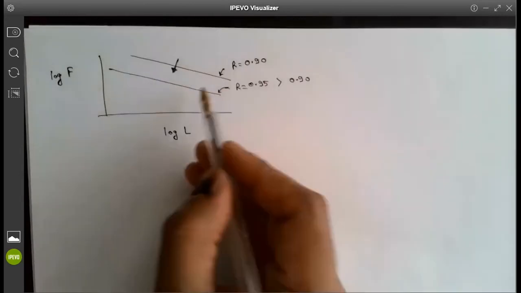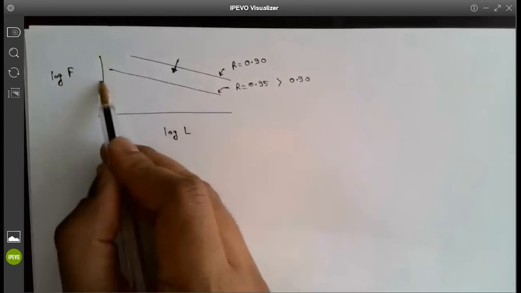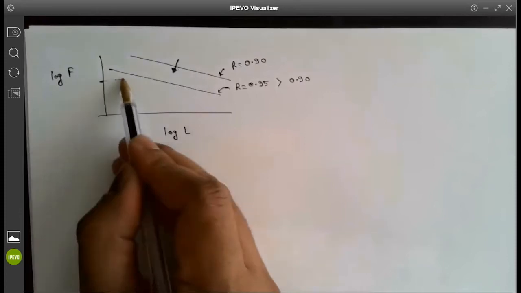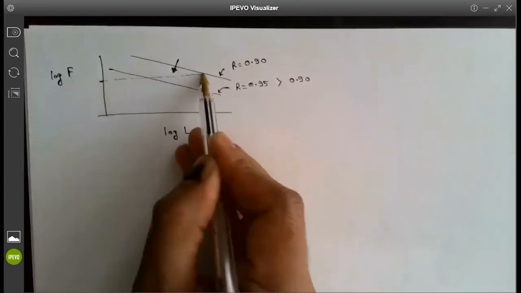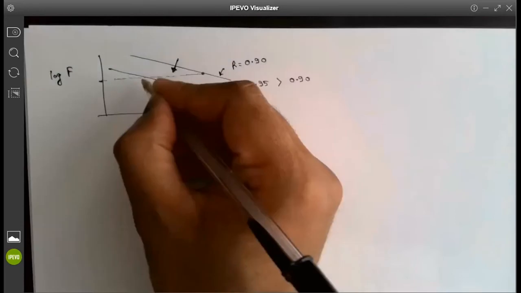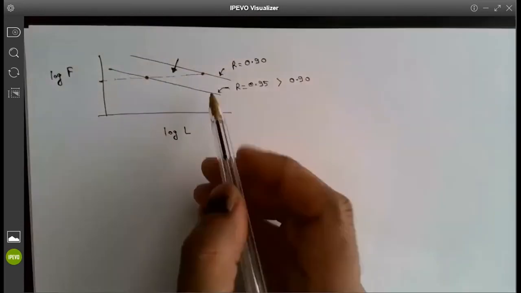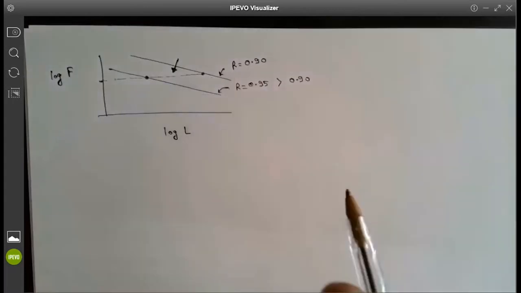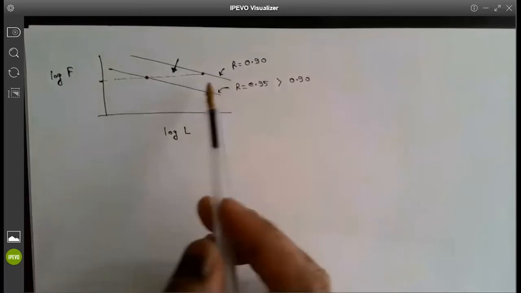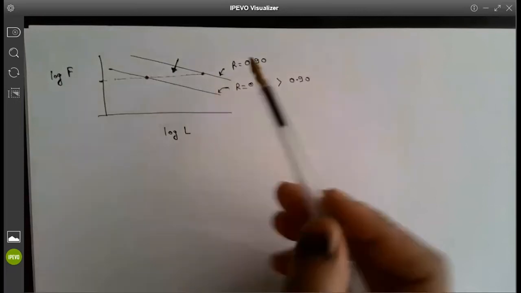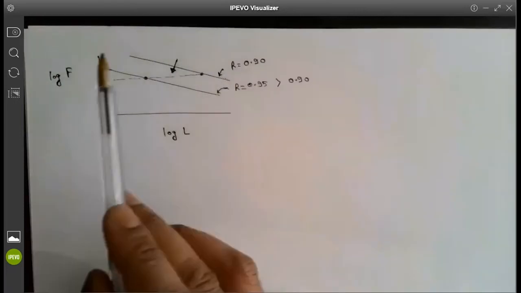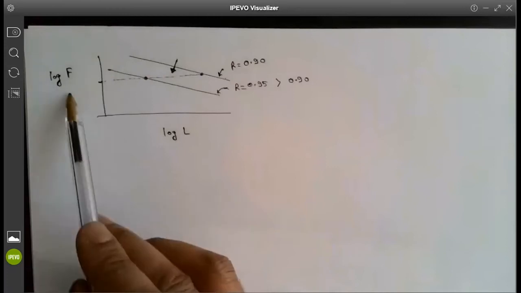And why is it in this direction? Say, for example, physically you will try to interpret this figure and this representation of the straight lines. The straight lines here show the relationship between the load and the life.